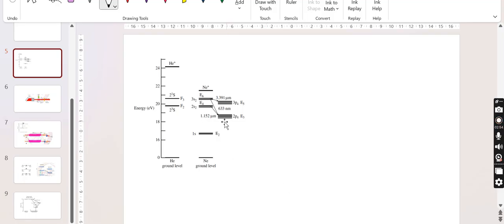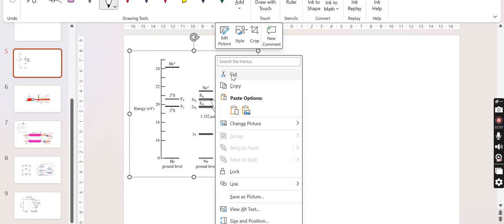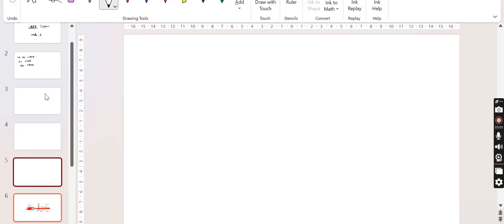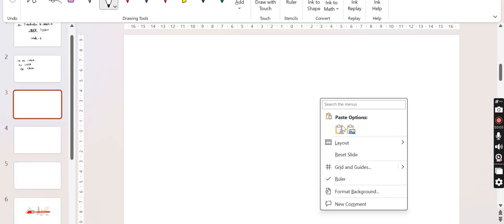So basically, this is the diagram of the helium neon laser energy transition diagram.